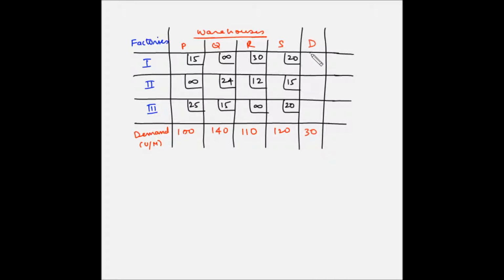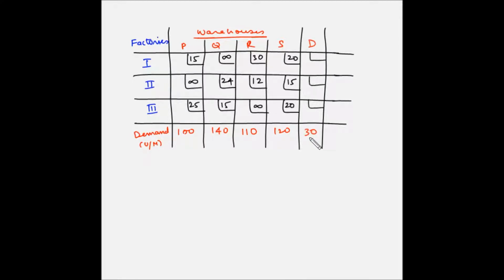Now we need to associate a cost with this dummy destination. So basically what is happening here is that these three plants have a supply capacity of 500 units per month, while the demand at these warehouses is equal to 470 units per month. So what is happening is these factories are producing 500 units and then will be shipping only 470 units because that's the demand at these warehouses.